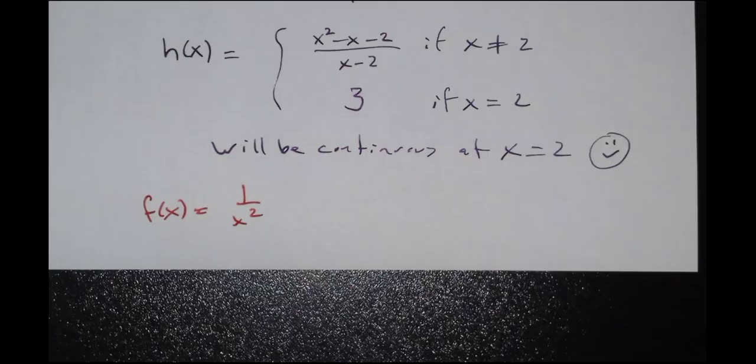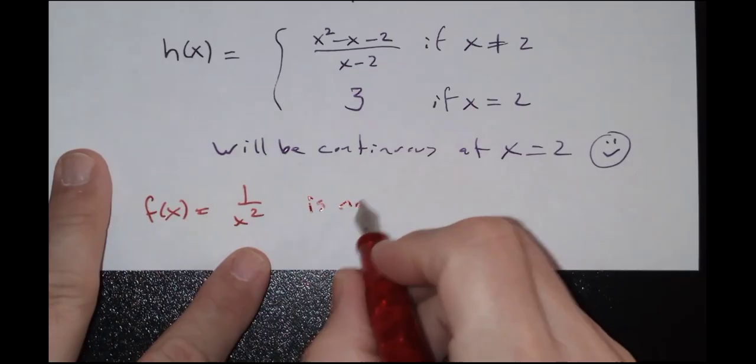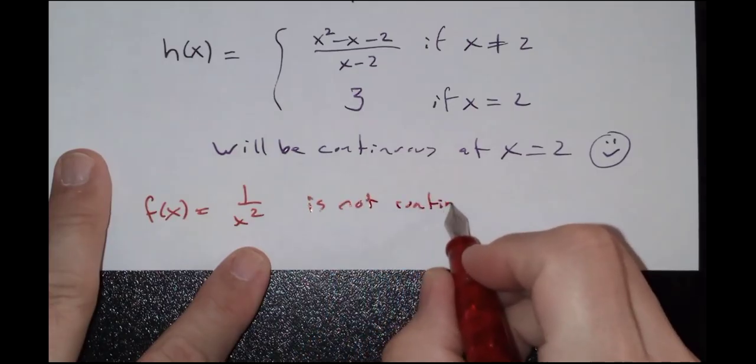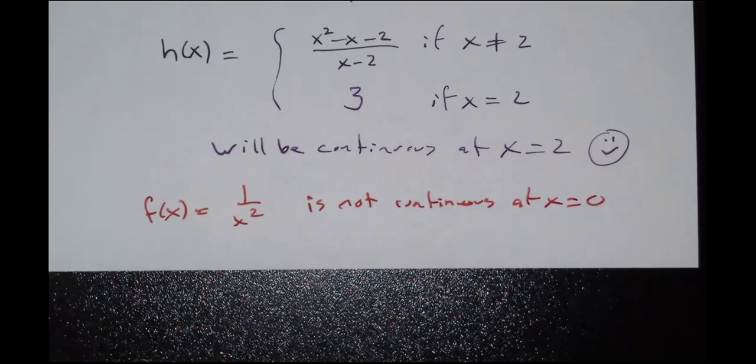At x equals 0. And if you graph this function, what do you see going on in the picture at 0?